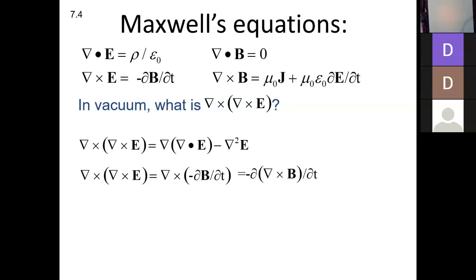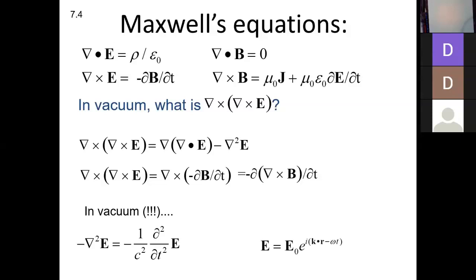Switch my operations of differentiation around. Then since it's in a vacuum, if I plug that in there, I should get out a wave equation. And this is how Maxwell proved that electromagnetic waves existed. So you can do the same for B, and you get your answer. You can get a plane wave answer with this representation.